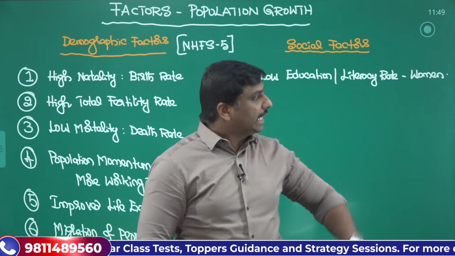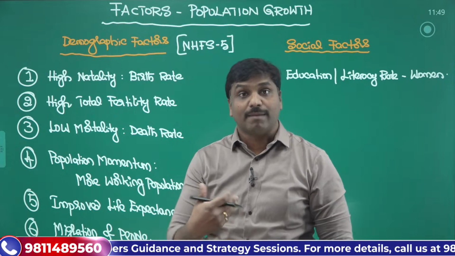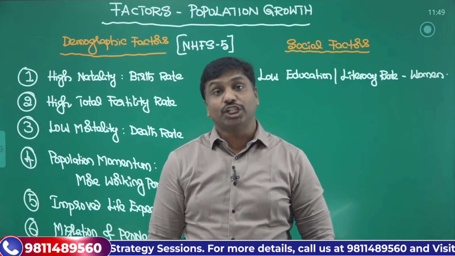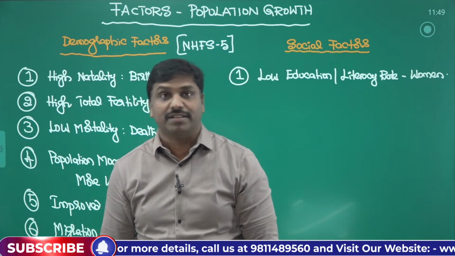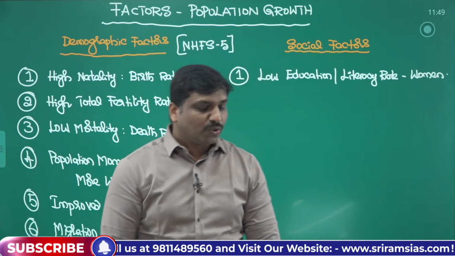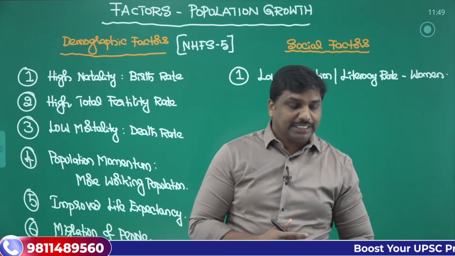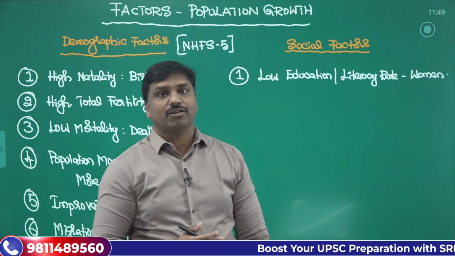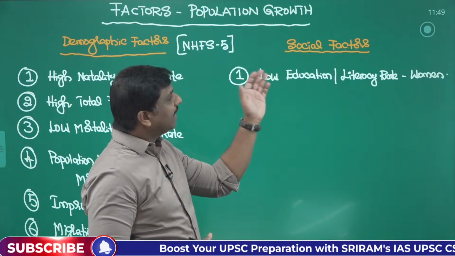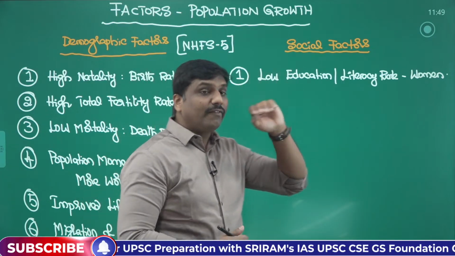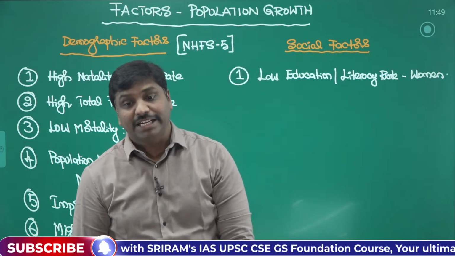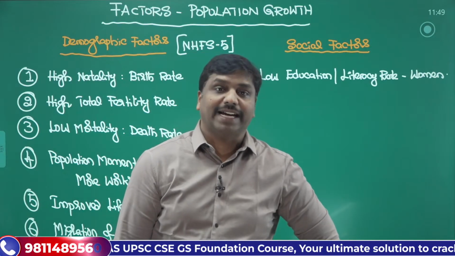So education creates a kind of awareness about the possible issues of having more number of children and population also. So this is one important reason, especially the female education that we were talking about. Having low female literacy rates or low female education was one of the important factors.